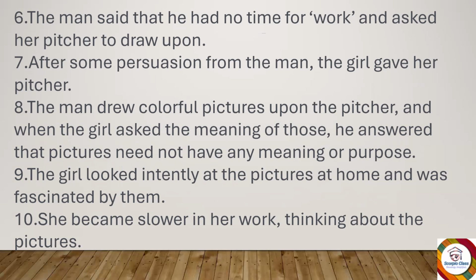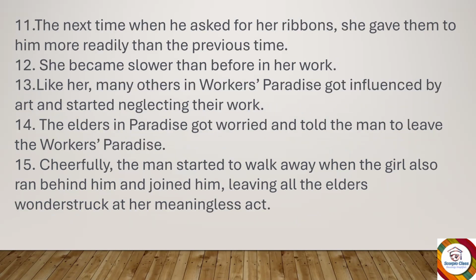The man drew colorful pictures upon the pitcher, and when the girl asked the meaning of those, he answered that pictures need not have any meaning or purpose. The girl looked intently at the pictures at home and was fascinated by them. She became slower in her work, thinking about the pictures.